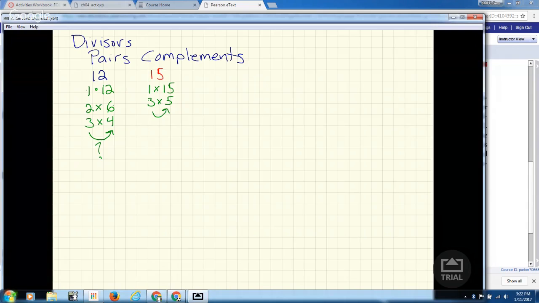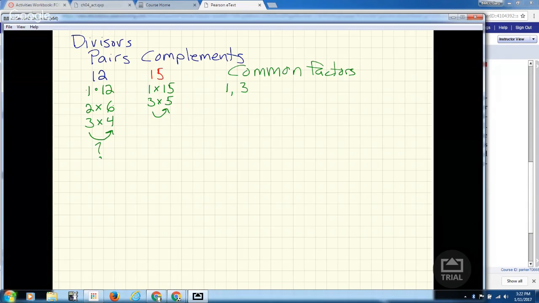Do they have any common factors? Okay, let's see. They have 1. All numbers have 1 in common. What else do they have? They have 3 in common, and that's about it.